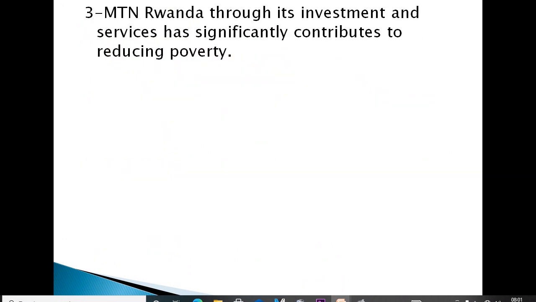Number 3, the hypothesis or assumption can be: MTN Rwanda, through its investment and services, has significantly contributed to reducing poverty.